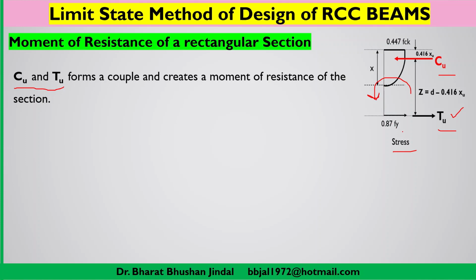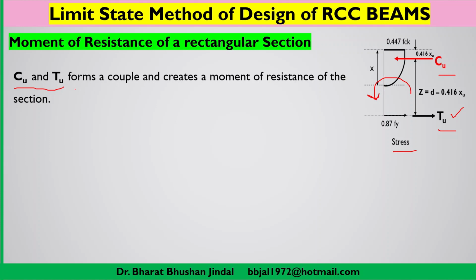If the bending moment due to the loads is more than the moment of resistance of the section, then this section under consideration will not be able to resist the loads acting on the beam. And if the moment of resistance is greater than the bending moment, then our section is safe in resisting the moment. We will talk about this later in detail.